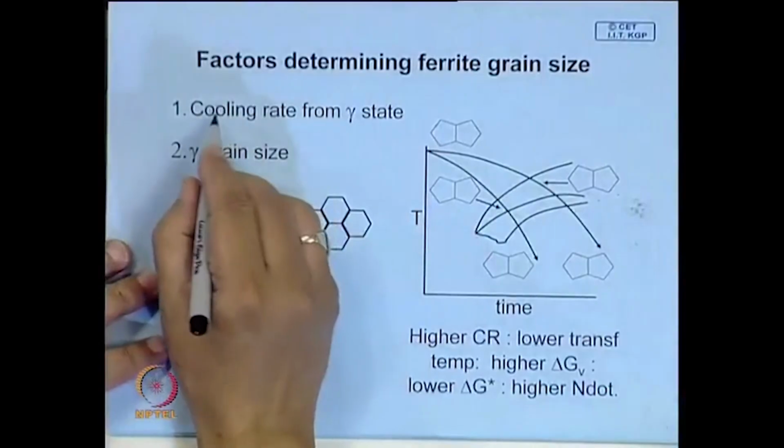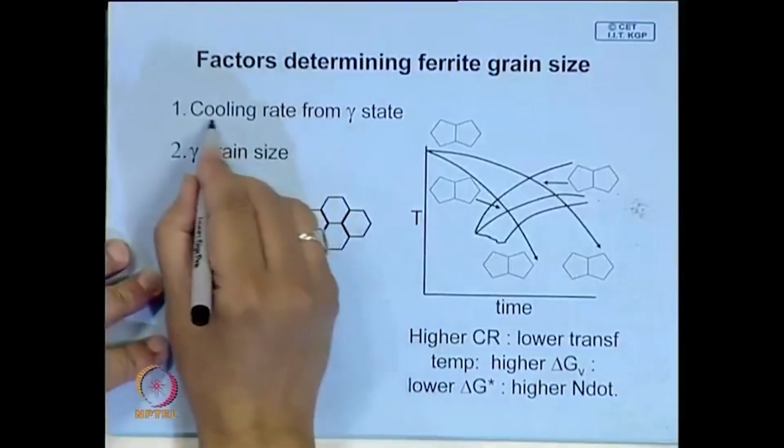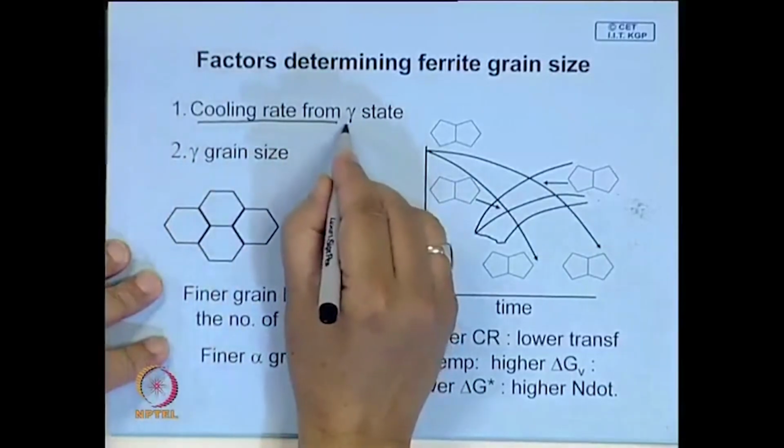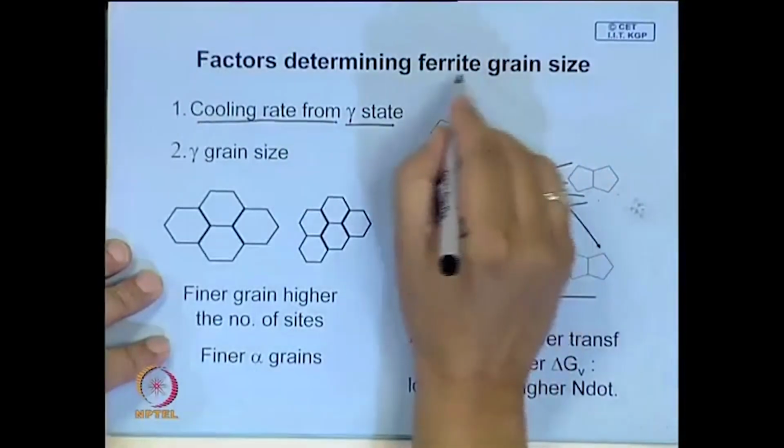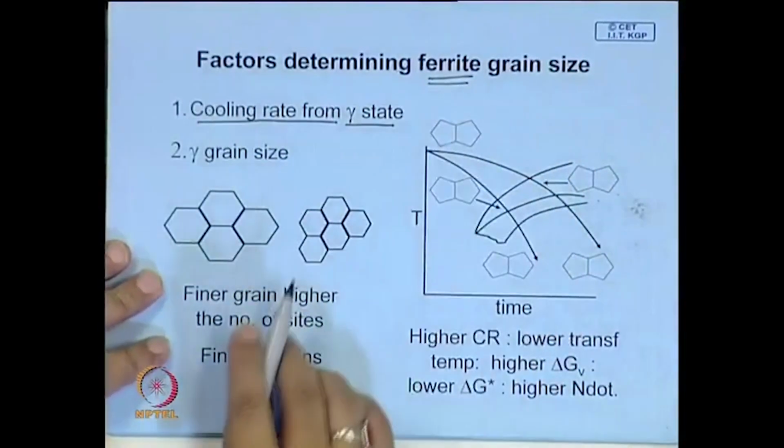Now, let us look at what are the factors that determine the grain size of ferrite, that phase which is present in most structural steel, and this is shown over here. So, there are two important factors. One we have seen is the cooling rate from austenitic state, because ferrite is a low temperature phase in steel.